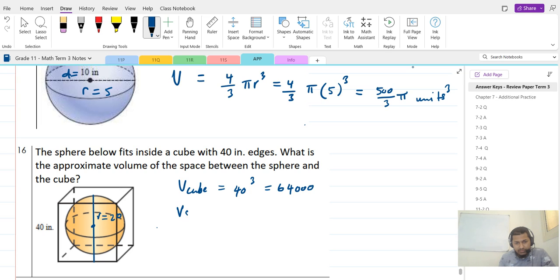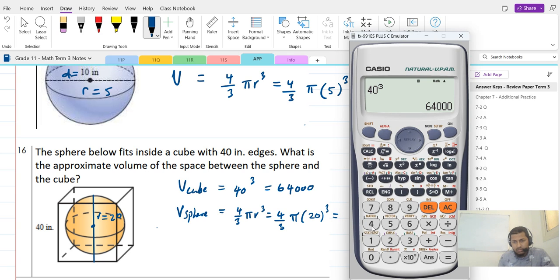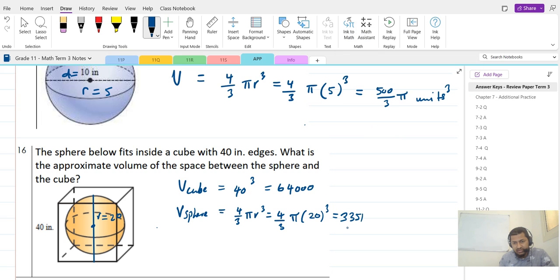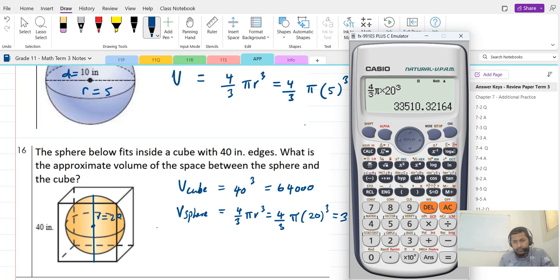And volume of sphere will be 4 over 3 pi r cubed, which is 4 over 3 pi, with r equal to 20 cubed. So 4 over 3 pi times 20 to the power 3 will give me 33510.32.